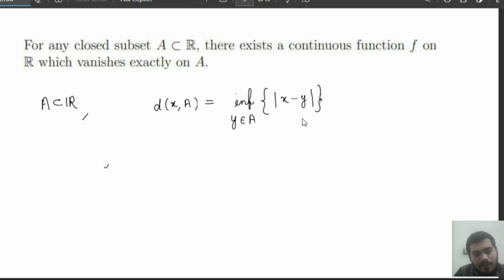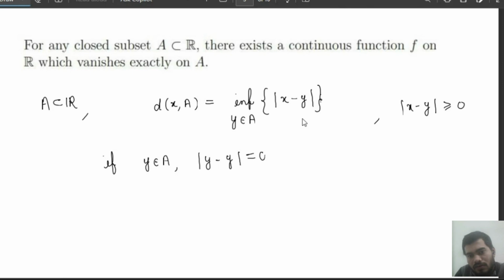So suppose x belongs to A. Since we know that |x minus y| is greater than or equal to 0, and for y belonging to A, when you take the infimum, we can also plug in y equal to x. So 0 is the least value that it can take.